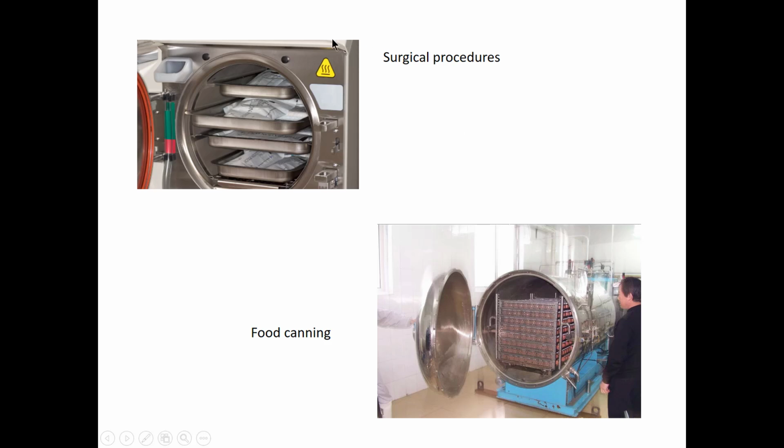So this applies to surgical procedures. Anytime something is going to be sterilized for an operation, it has to be heated to an excess in order to kill endospores along with everything else. This is also true for food canning. When we can our food, it's shelf stable at room temperature. And in order for that to happen, you have to basically sterilize the food in a way that's actually quite similar to the way that you would sterilize some kind of surgical device.